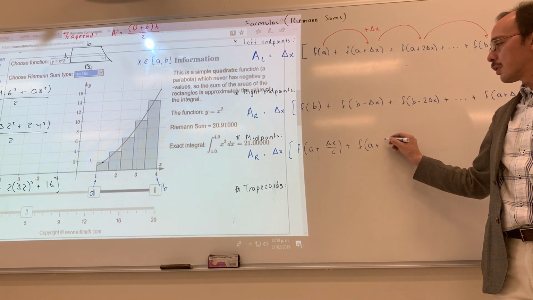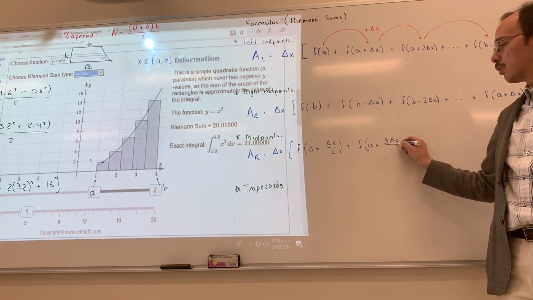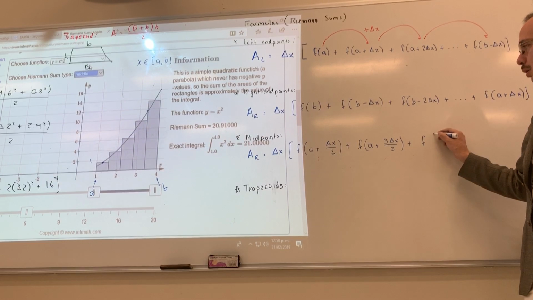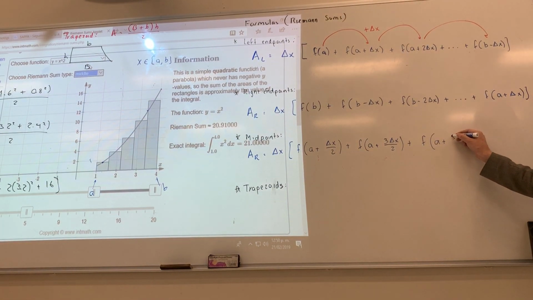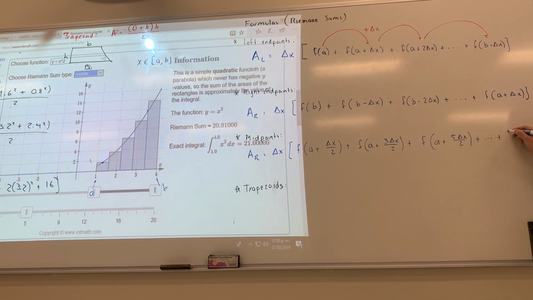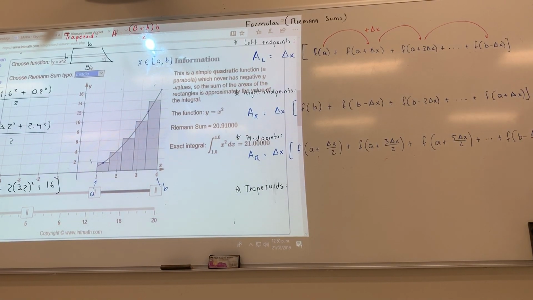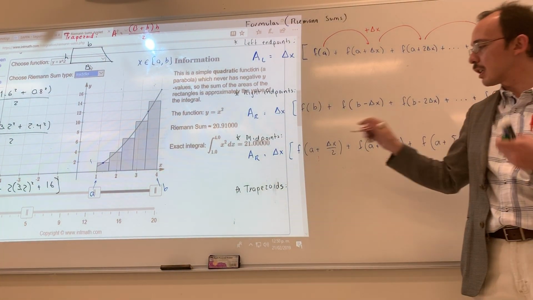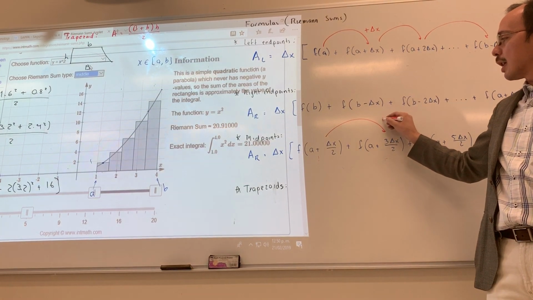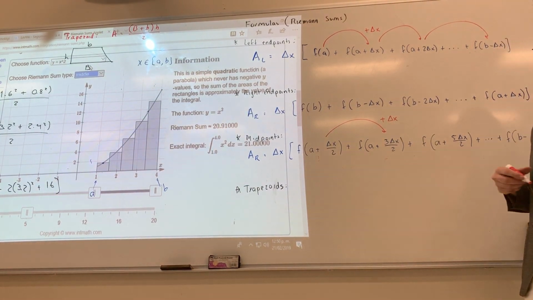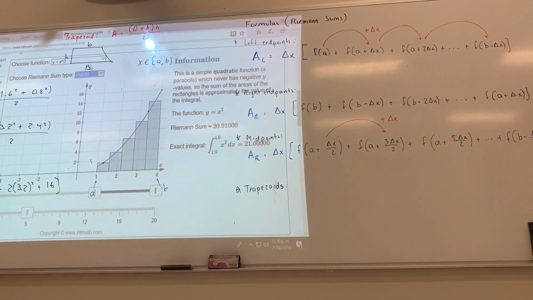It would be a plus 3 times delta x over 2, plus a plus 5 delta x over 2, plus f of b minus delta x over 2. Why 3? Why 5? Because in this case, remember, the first one is this one, but to get the next one, you need to add delta x. Okay?